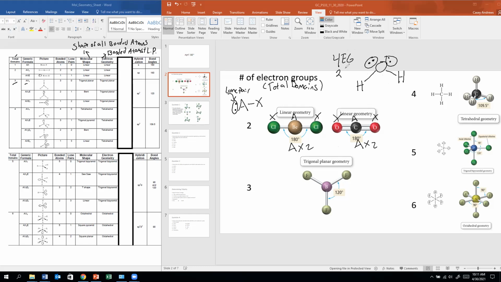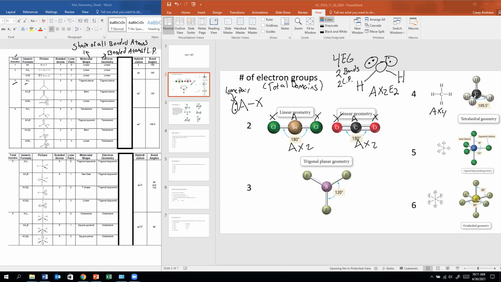It has 2 bonds to the hydrogen and 2 lone pairs. 1 lone pair, 2 lone pair. So for water, we would call this an AX2E2. Remember, A center atom, X bonds, E electrons. While CH4 is just simply AX4.